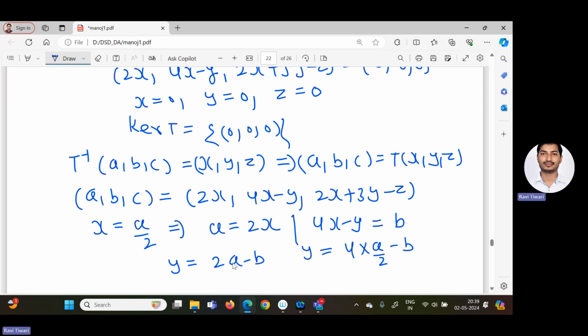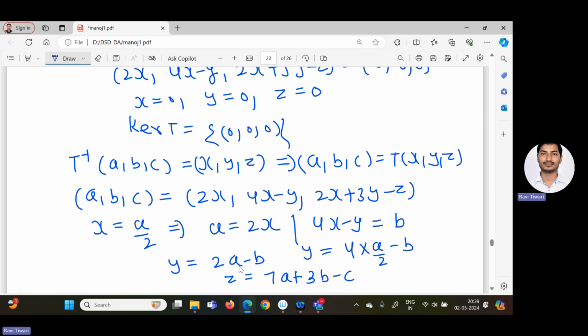Similarly, you can calculate z, the third component. This is 2x plus 3y minus z equal to c, which gives z as 7a minus 3b minus c, or rather 7a plus 3b minus c.